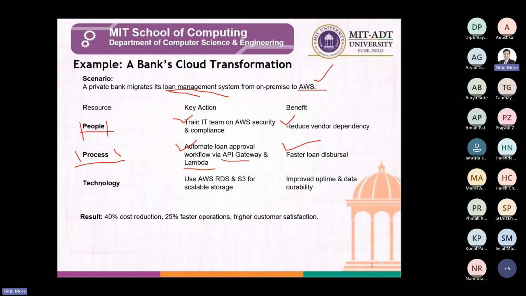And talking about the technology, we see the use of AWS RDS or S3 for scalable storage, because we have huge transactions and we require these transactions to be maintained in proper rows and columns. So we are going to use a relational database management system here.